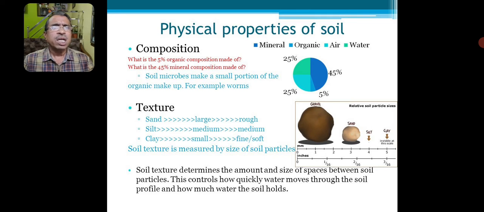Soil texture determines the amount and size of spaces between soil particles. This controls how quickly water moves through the soil profile and how much water the soil holds. That becomes the texture of the soil.